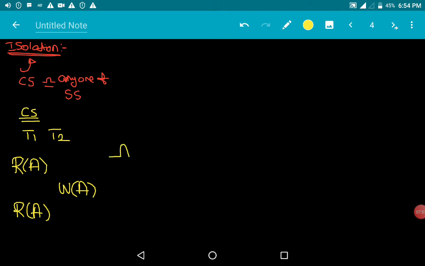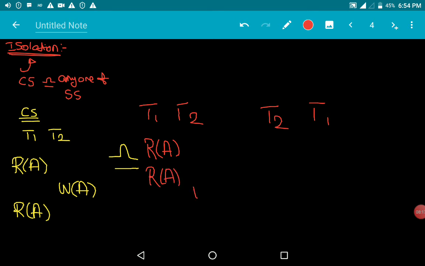This concurrent schedule should be equal to any one of the serial schedules, like T1, T2 or T2, T1. In T1, T2, first we perform read and write operations of T1. And in T2, T1, the T2 write operation is performed first and the read operation last.